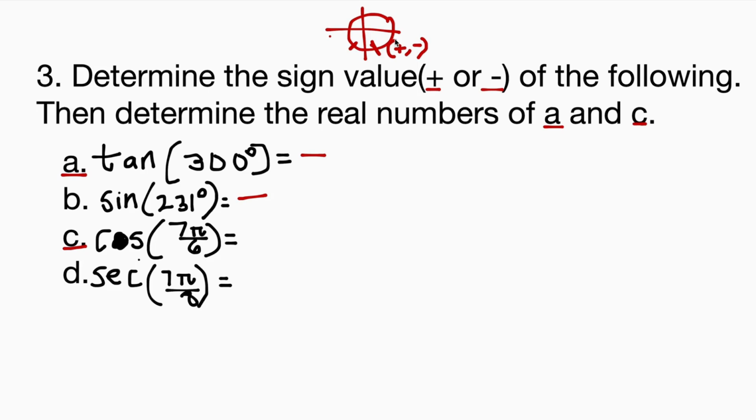In this unit circle, it is going to be around here, because I want to be as detailed as possible. So if we were to determine the cosine of 7 pi over 6, that is going to be a negative value.